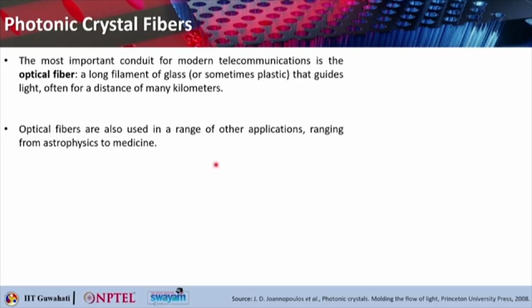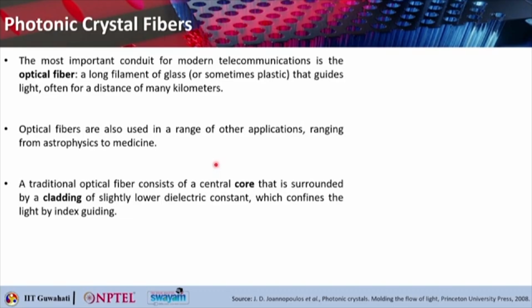Optical fibers are also used in a range of applications, starting from astrophysics to medicine while doing surgery. Traditional optical fiber consists of a central core which is surrounded by cladding of slightly lower dielectric constant, which basically confines light in the core by index guiding.